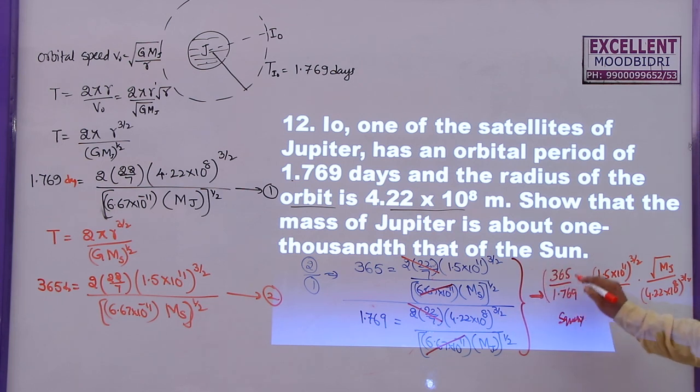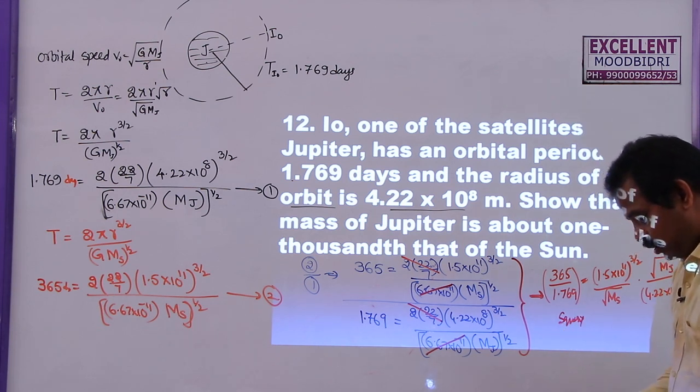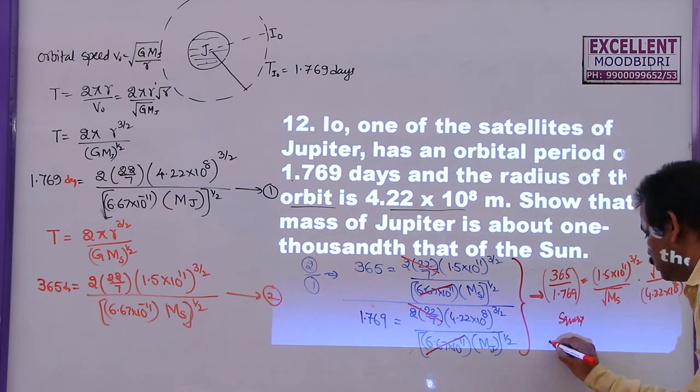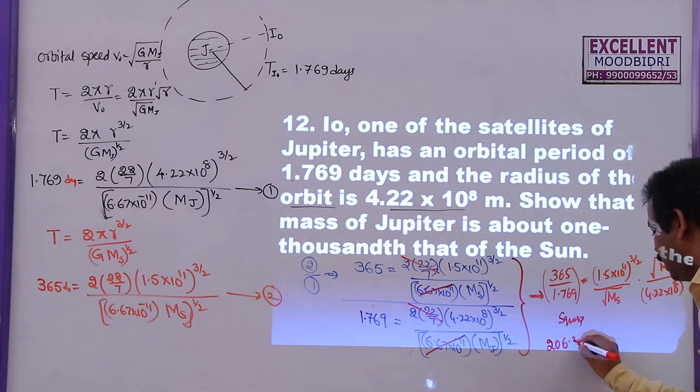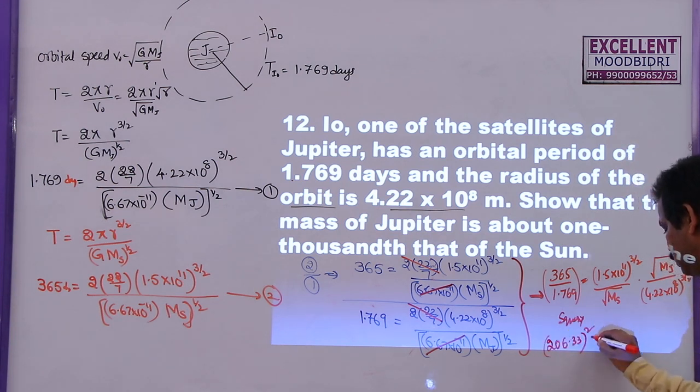First of all, 365 divided by 1.769 is given by 206.33. So this is 206.33 whole square on the left side.